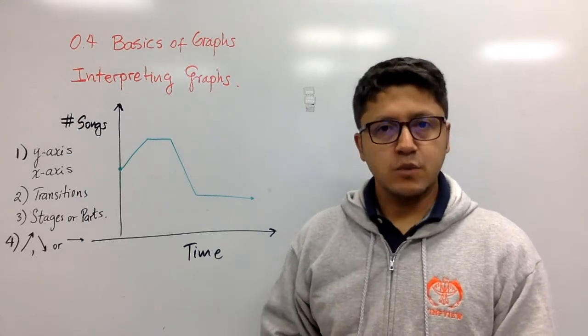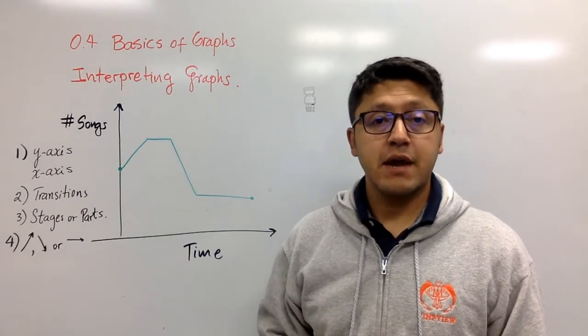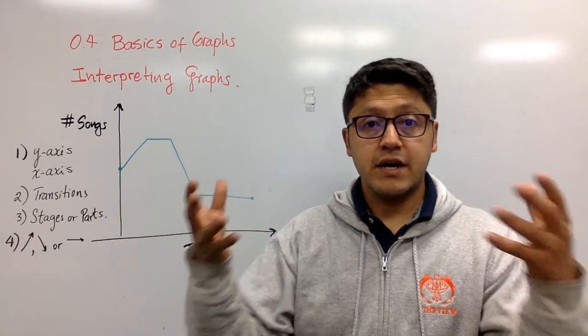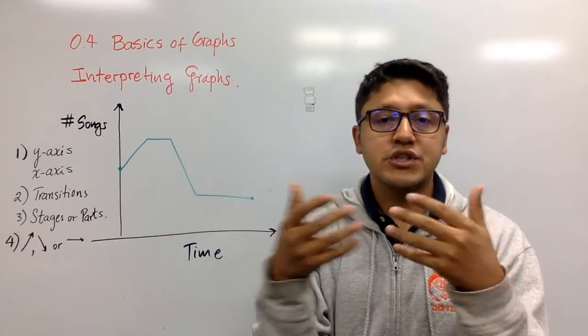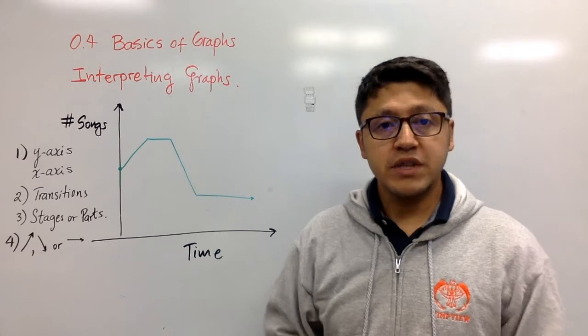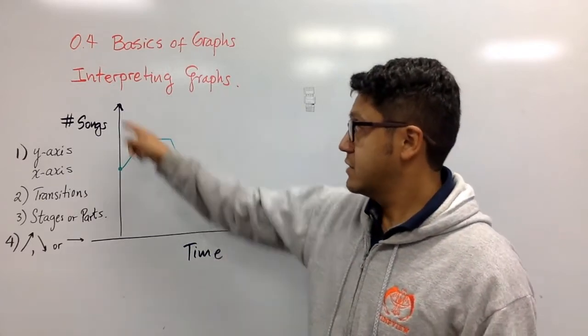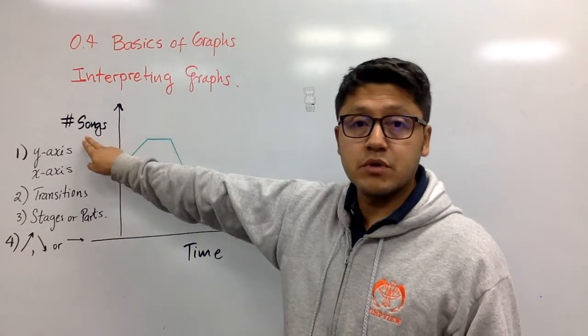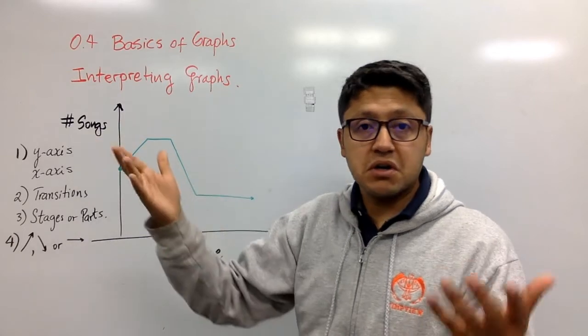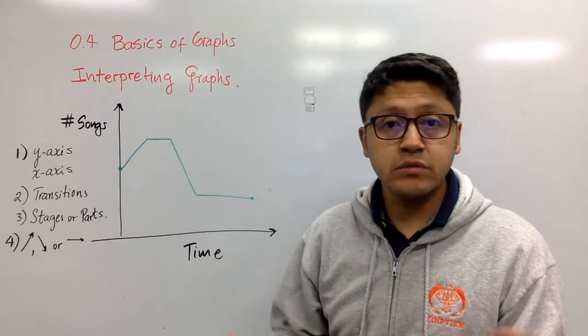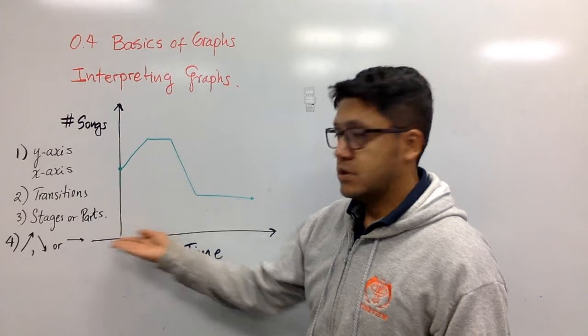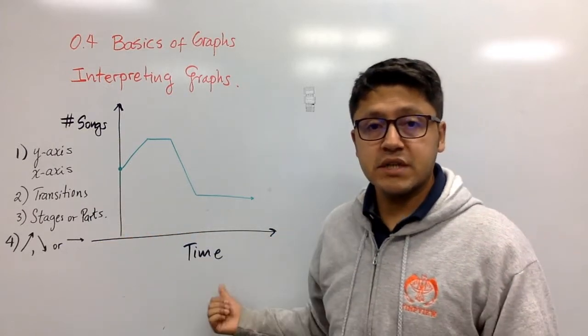We know it's x and y, but sometimes they are representing quantities that are interacting or have a relation with each other. So in this case, we have on the y-axis the number of songs on a device, let's say your phone, and the horizontal axis is showing time.